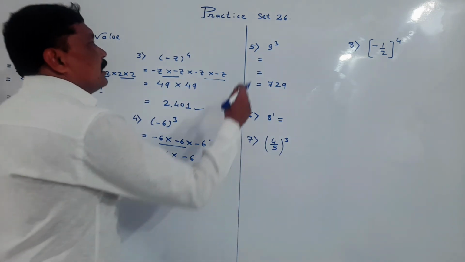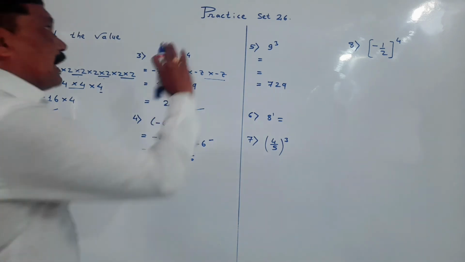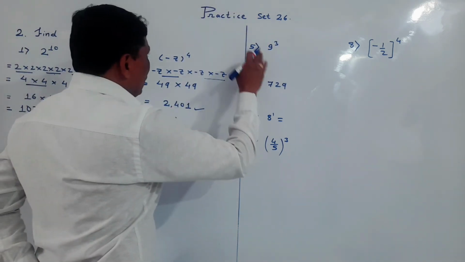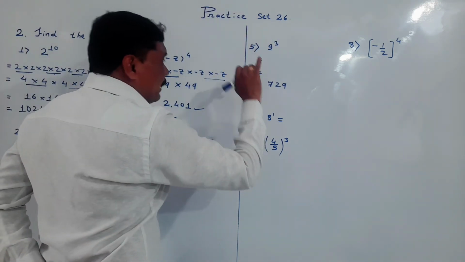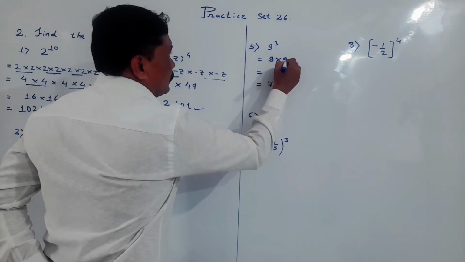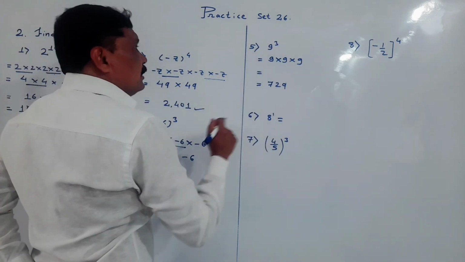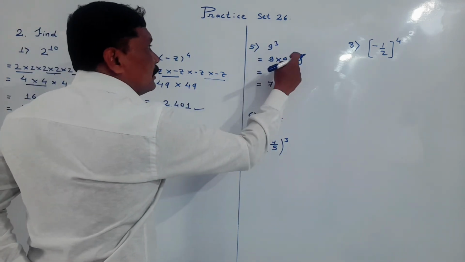My dear student, here the next number which is given to us is 9 raised to 3. The base is 9. So we will multiply 9 again and again. 9 into 9 into 9. Here index is 3. So we have multiplied 9 3 times.